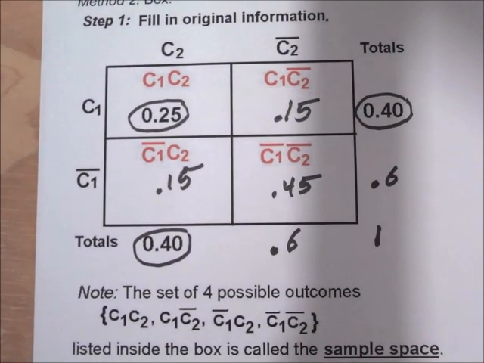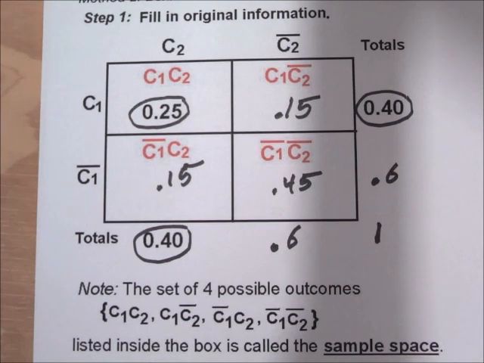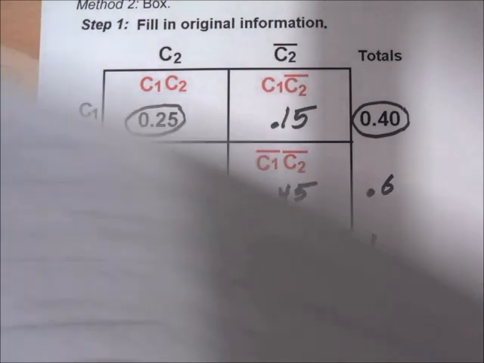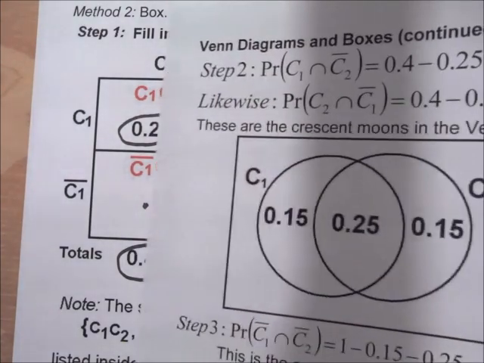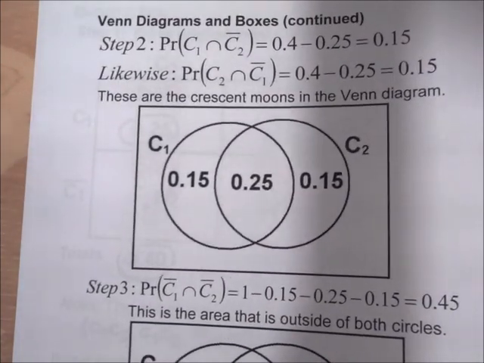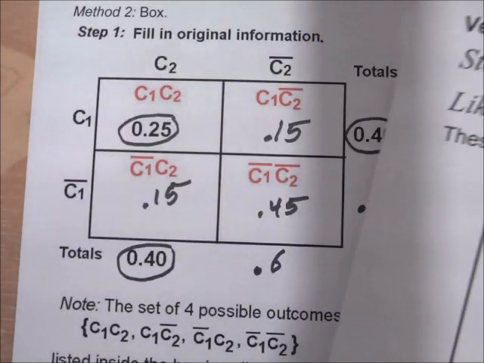Okay, so that gives us some. I find it a little bit more explicit than the Venn diagram, because with the Venn diagram it's a little bit awkward to put in the row totals.